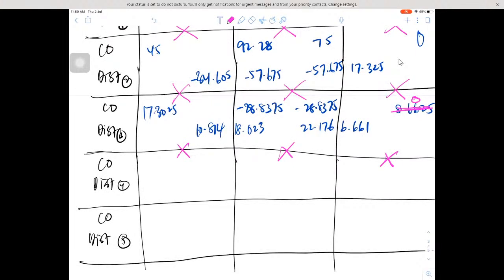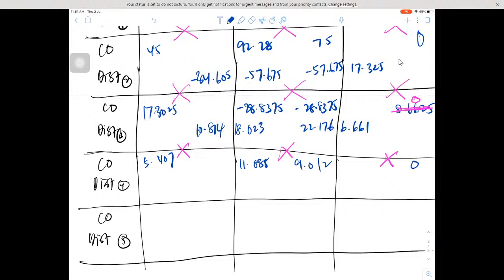Next, carry over: 10.814 divided by 2 is 5.407, and then 18.023 divided by 2 is 9.012. 22.176 divided by 2 is 11.088. This one is 0.